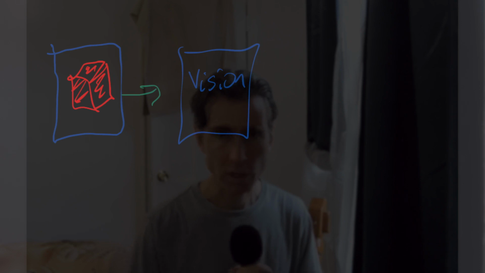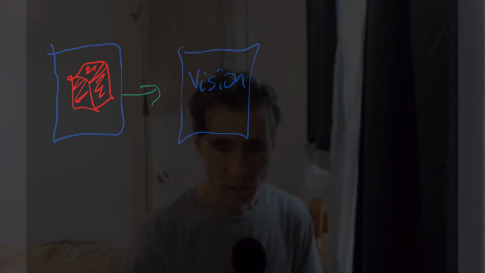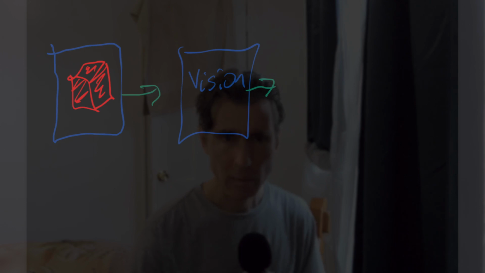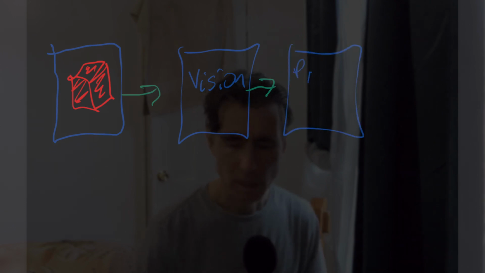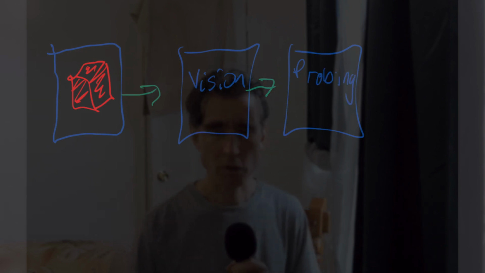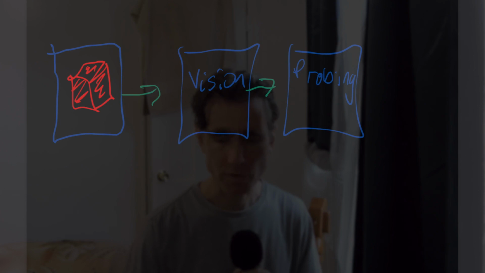What we do is send the output of this vision module to another machine learning model, which we call the probing model. So we take this output and send that to a probing model, and we can create different probing models because we can probe for different things.